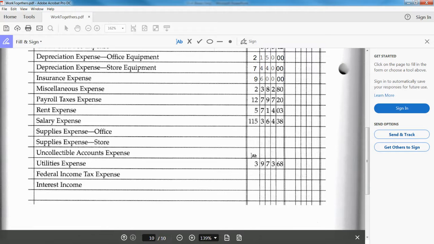And then supplies expense office is $2,560.08.